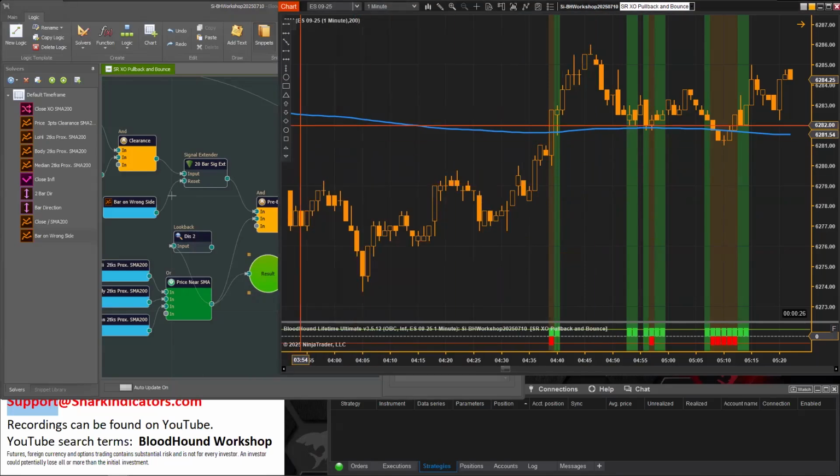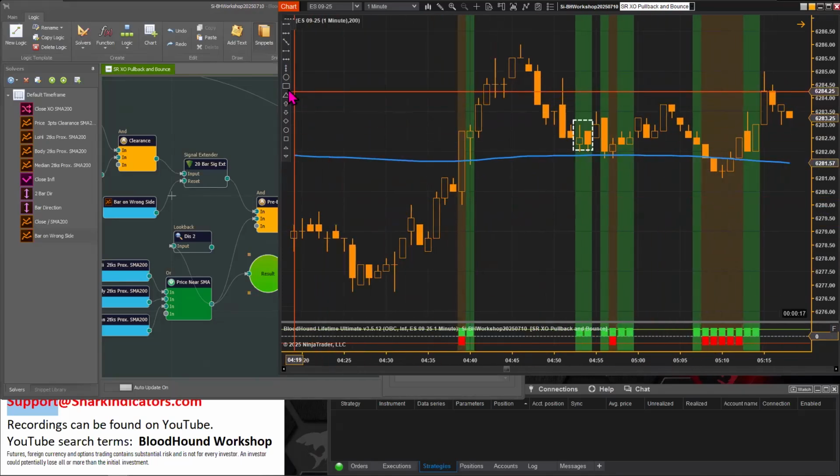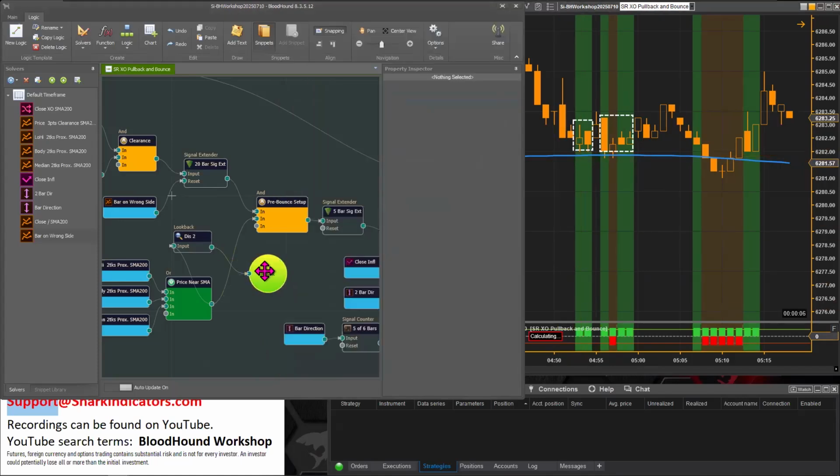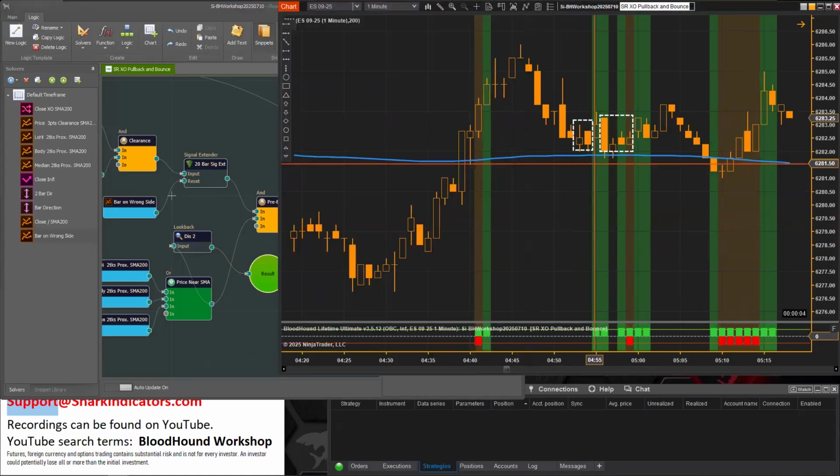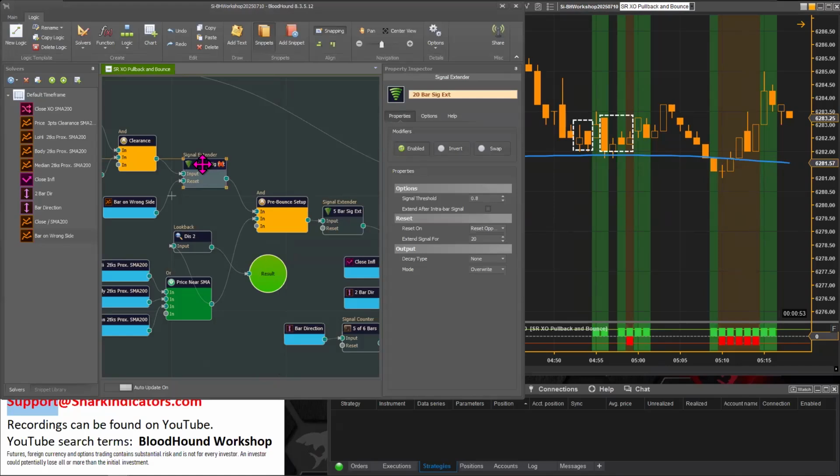Let's take a look at these. So let's mark this. These 2 bars have an output, and then these 4 bars have an output. Now, if we look at the displacement here, you can see the signals have been shifted forward in time. So now these are the outputs that will disable the signal extender.